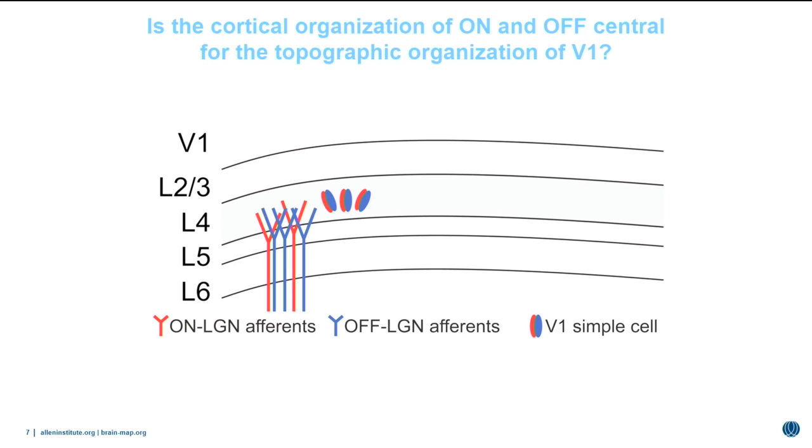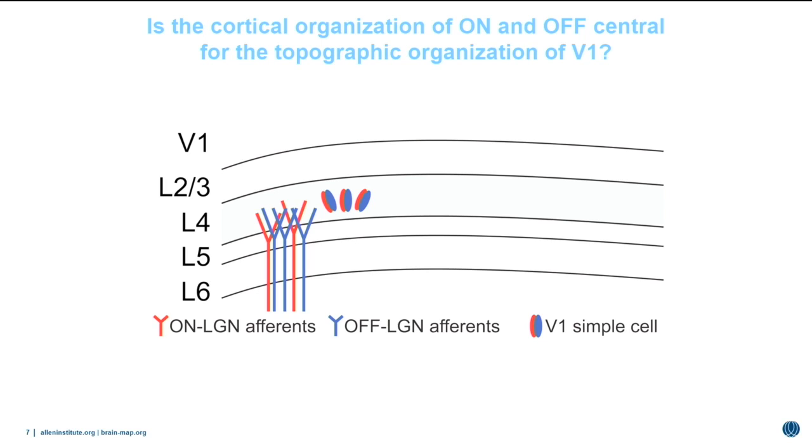And what do I mean with this? This is shown here in this little cartoon, where you see the different cortical layers in V1, and you see the on and the off LGN afferents arriving in the middle layers where you then have the simple cells. And the question really was whether across the horizontal dimension of layer 4, there is any particular organization for on and off.